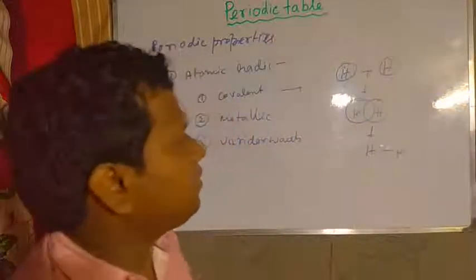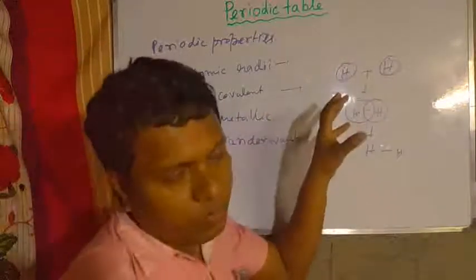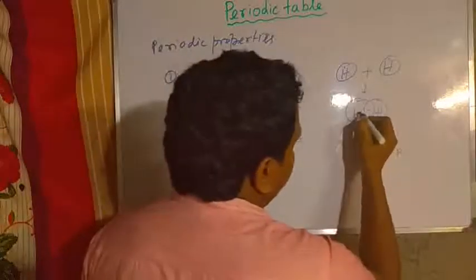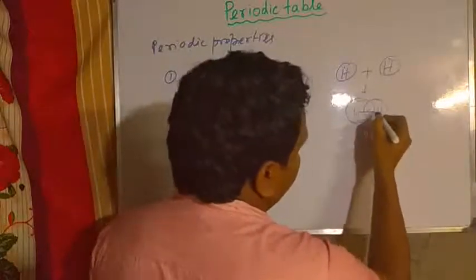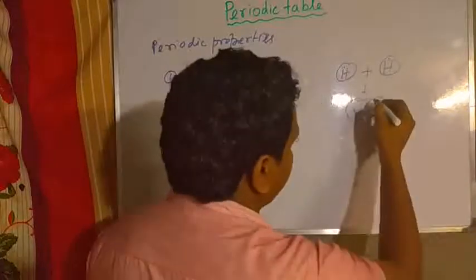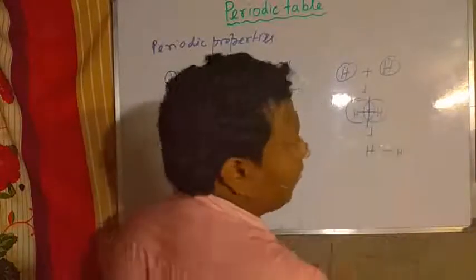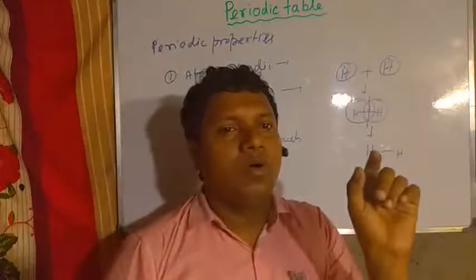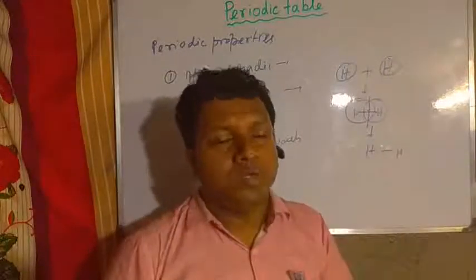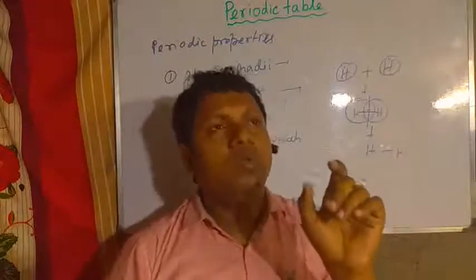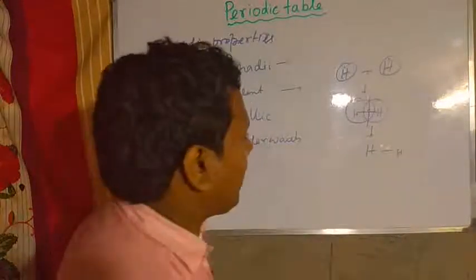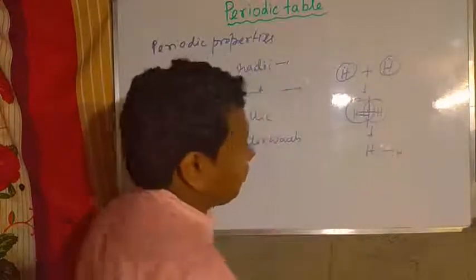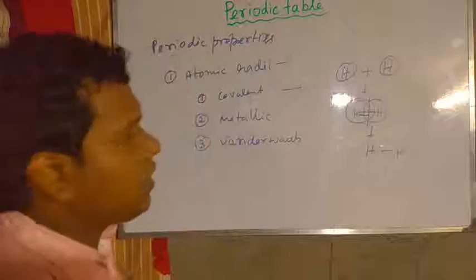If two atoms form a covalent bond, and we take half the distance between the two centers, the half distance between the centers of the two covalently bonded atoms is called the covalent radius.